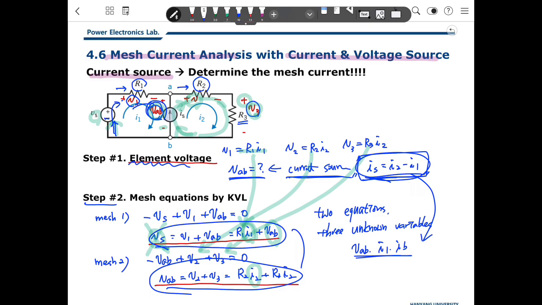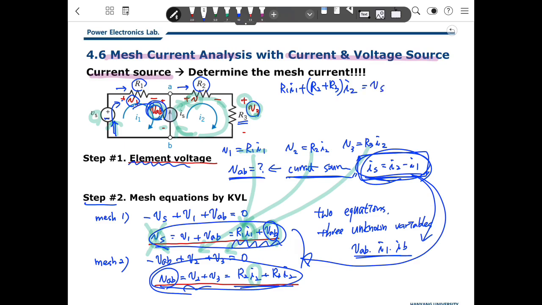So in this case, we insert the equation here. What is VAB? VAB is that value. So we rewrite R1 I1 plus VAB here, and R2 plus R3 I2 will be VS. And here, what is V2?